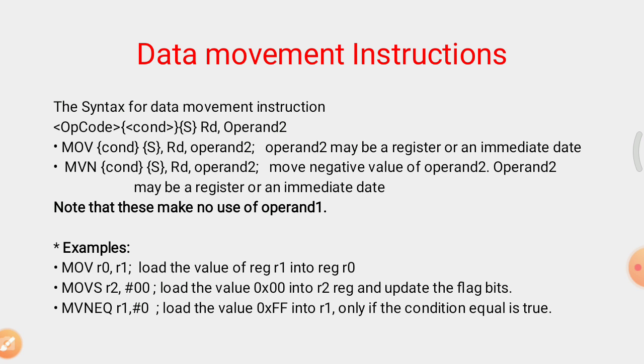So that value is going to be loaded into R1, and this instruction is going to be executed only if the condition equal is true. That is, for EQ, this instruction is going to check the zero flag. If the zero flag is equal to 1, then only this instruction is going to be executed, or else this instruction is going to be skipped.